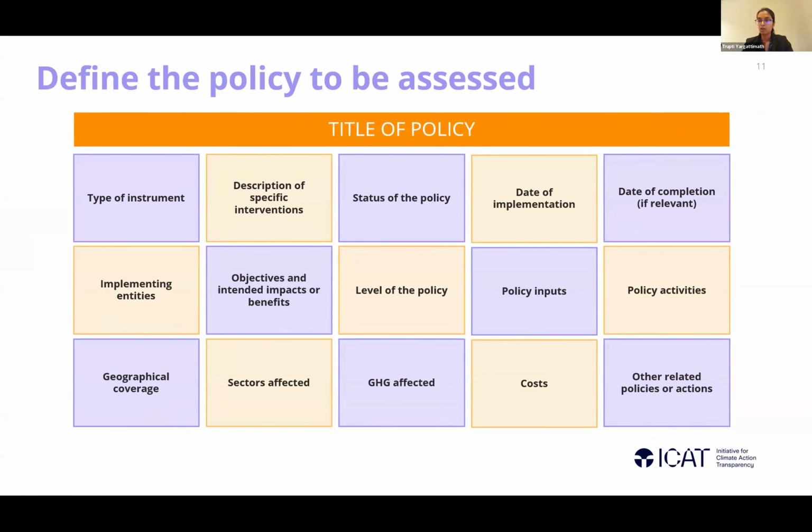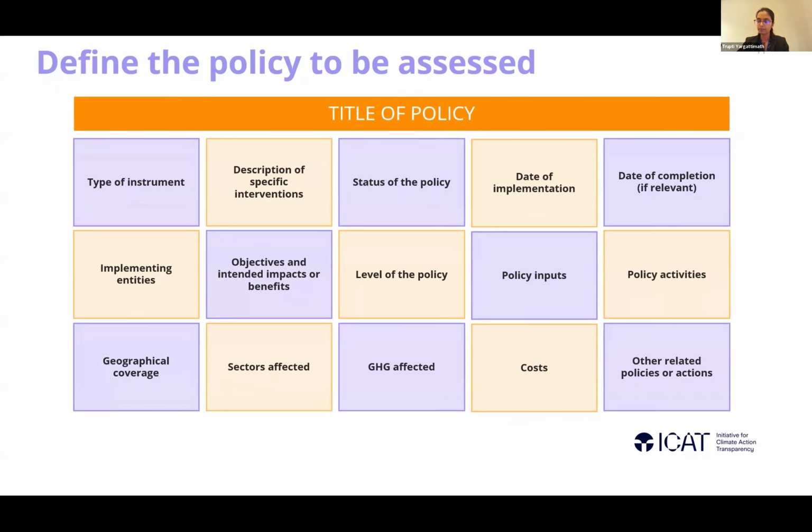This could be auctions or tenders. What are its objectives? Details regarding its implementation, the sectors and GHG gases that are being affected, as well as other relevant policy characteristics. Together, this information helps clearly define the policy and provides a solid foundation for the assessment that will follow.